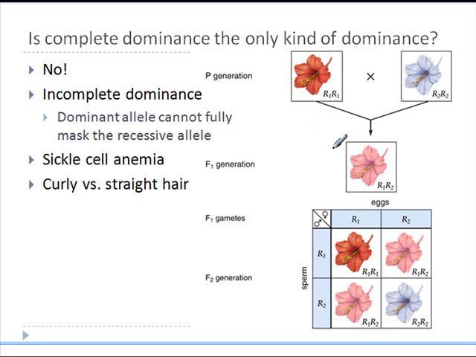Now the pink phenotype, or the intermediate, is because the plant is neither red nor white, and it's called incomplete dominance. That means both of the expressions are not completely expressed.